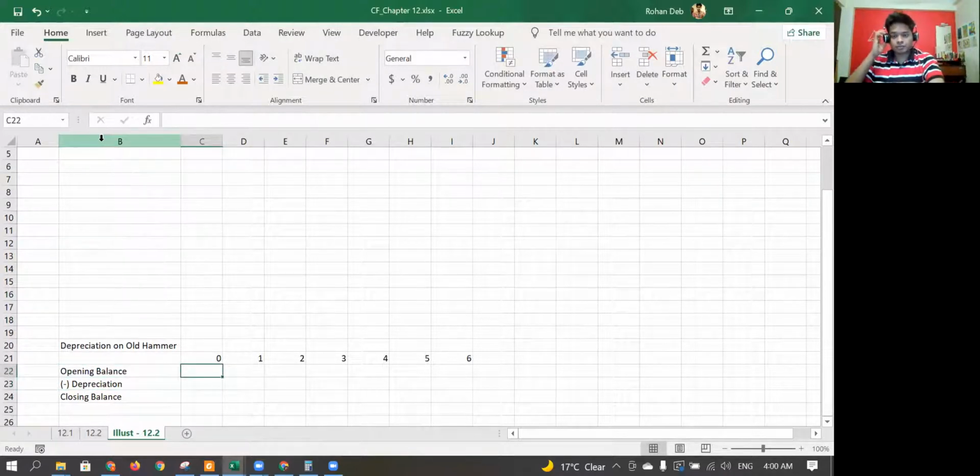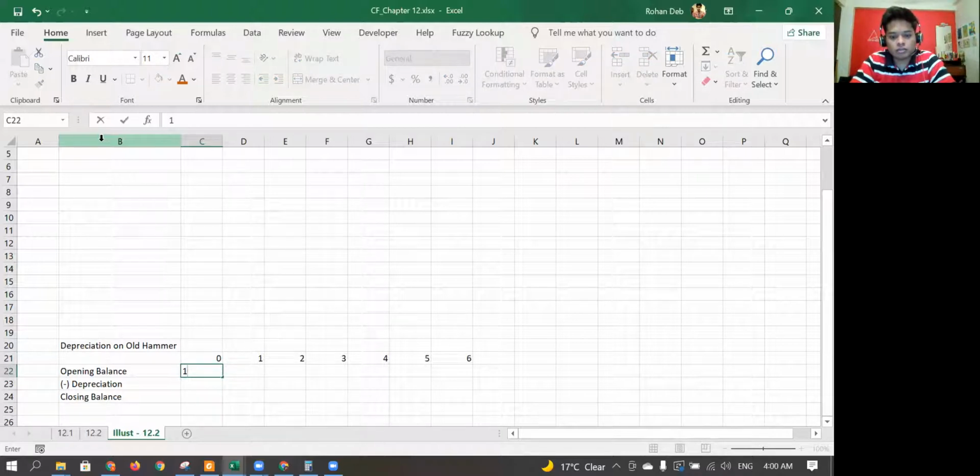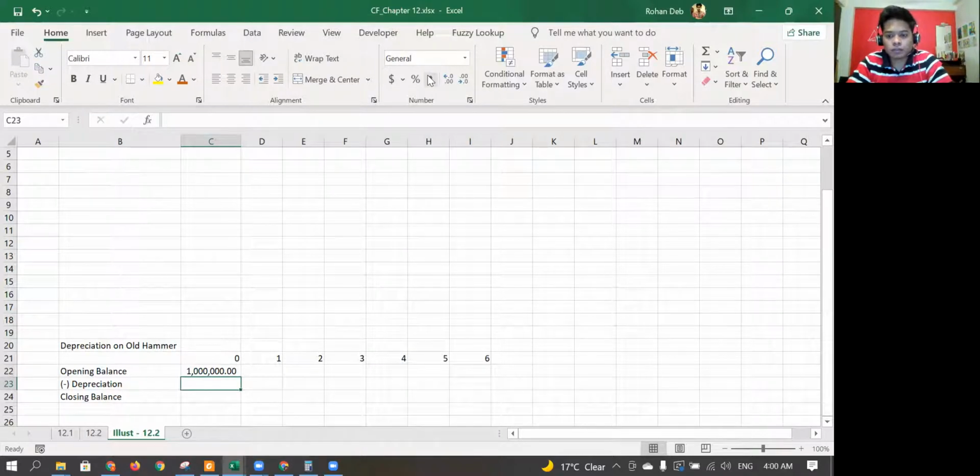So the first year, let's say it was purchased for 1 million, and it was depreciated at 33.33%.